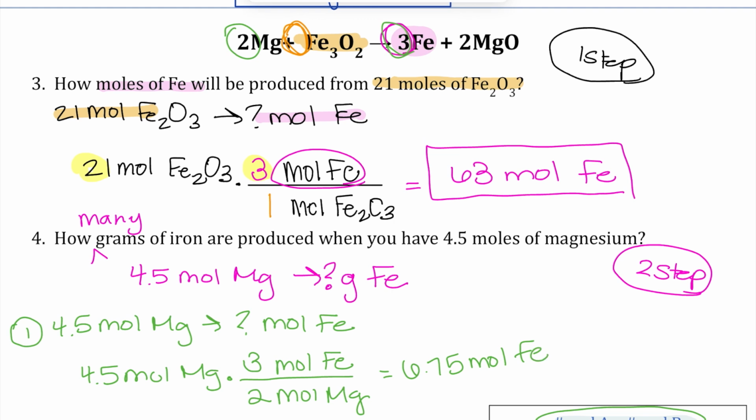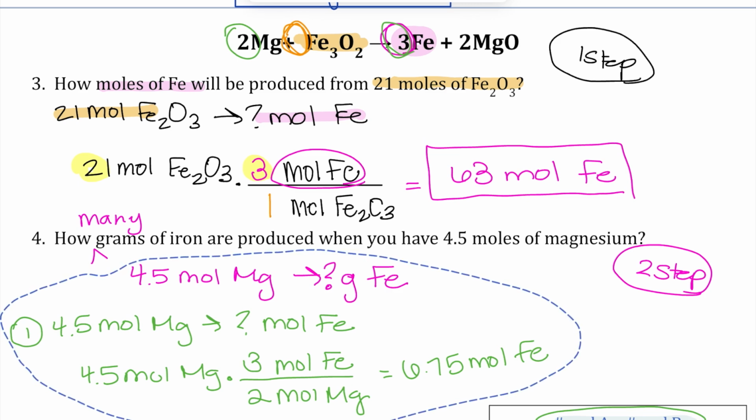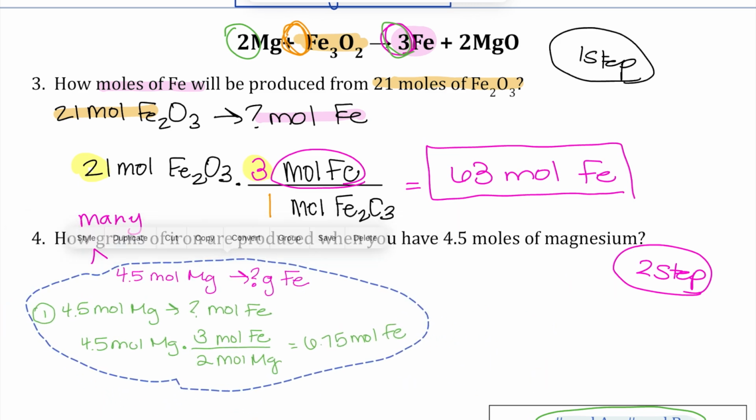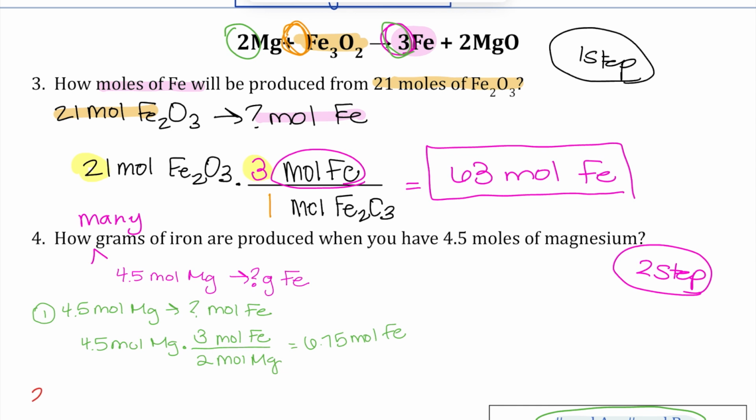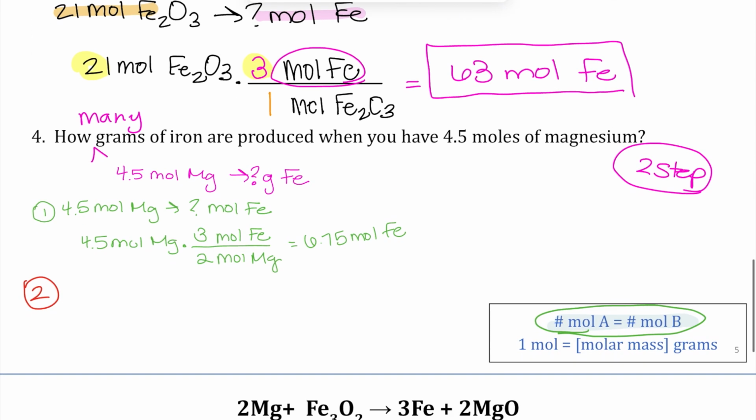And then we do need to go through and do that second step, which would be to go from our 6.75 moles of iron to the grams of iron that our problem asked for.